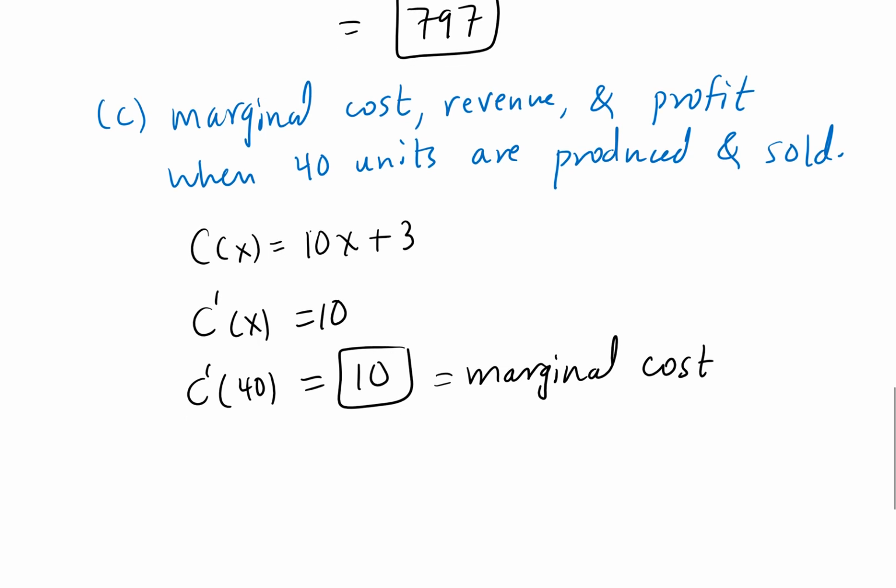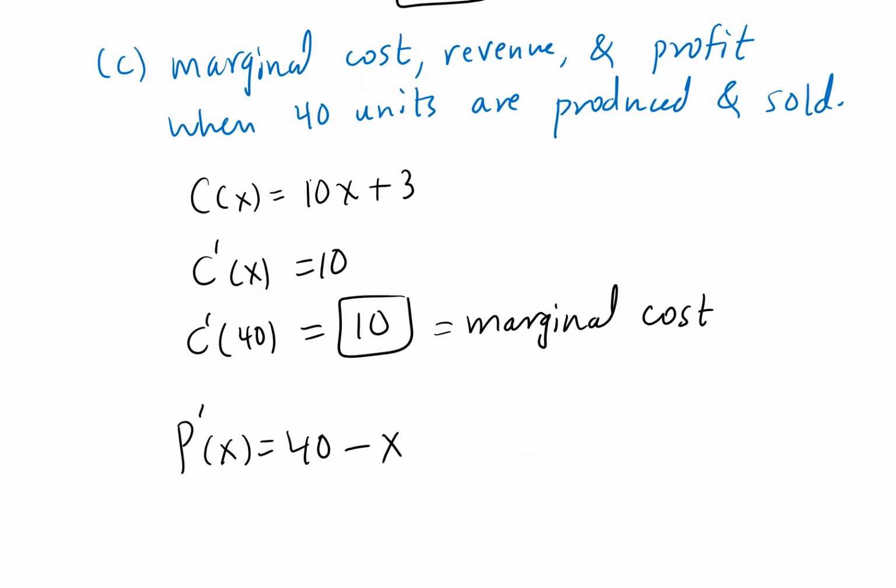Marginal profit, we need to find P prime of x, which I did find already: 40 minus x. And we are going to evaluate this at x equals 40. So P prime at 40, that's 40 minus 40, which is 0.